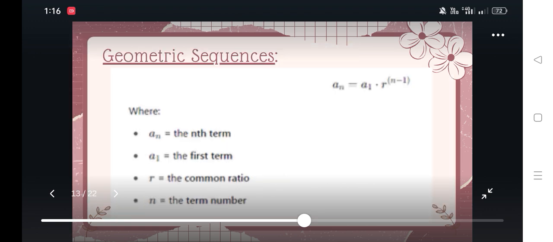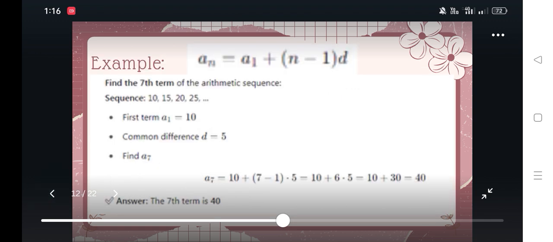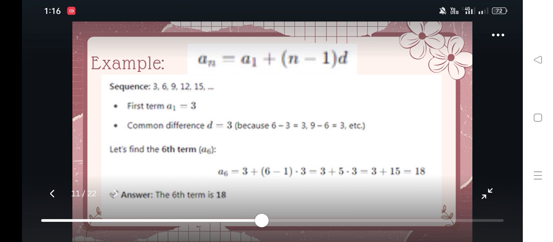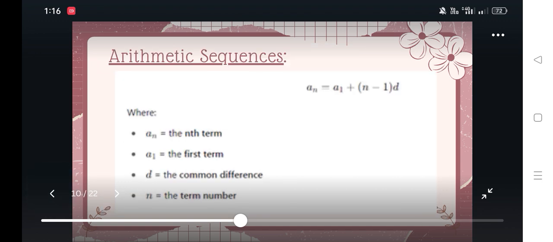Sa geometric sequence. Kung ang formula sa ato ang arithmetic sequence is a_n, the nth term, is equal to first term plus n, the term number or position, minus 1, multiplied by the common difference.